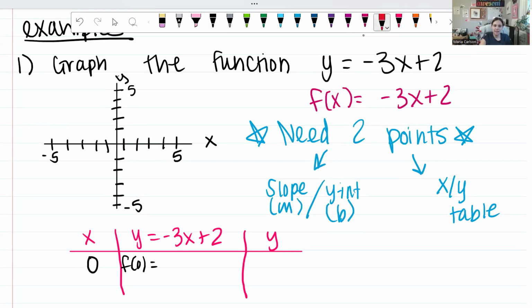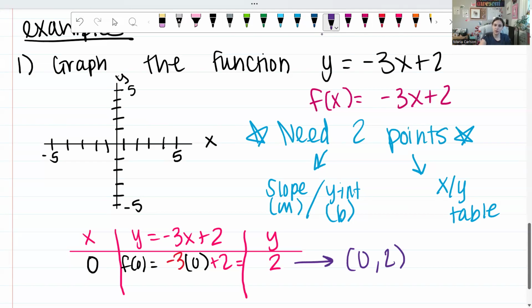So that's going to be -3 times 0 plus 2, which gives us just a y value of 2. So we have the point on our graph (0, 2). So I am going to plot that point. I'm going to go neither left nor right. I'm just going to go up to 2. And that is the point (0, 2), which represents that f of 0 is equal to 2.